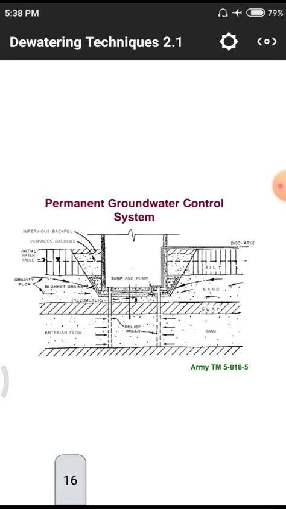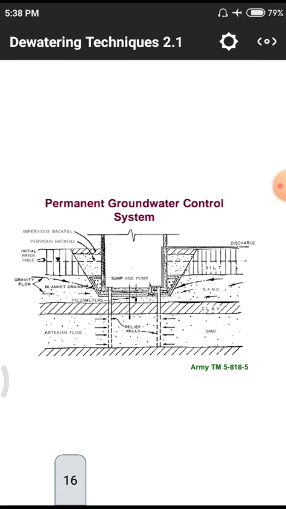Why? Because if there is any flow of water, some amount of penetration will occur in the soil. If there is penetration, there will automatically be a rise or a decrease in the groundwater level due to the flowable properties. Water normally flows from one place to another because of gravitational forces.